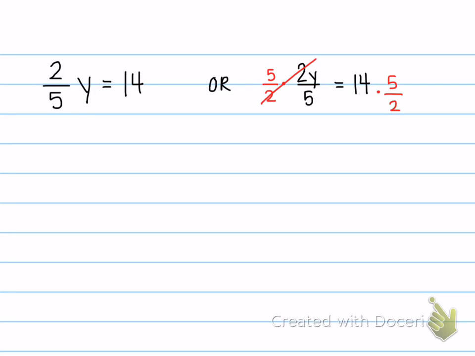The 2's cancel out, the 5's cancel out, and I am left with y. On the other side of the equation, I have 14 over 1 times 5 over 2. 2 goes into 2 once, 2 goes into 14 7 times. So I have 7 times 5, which is 35.